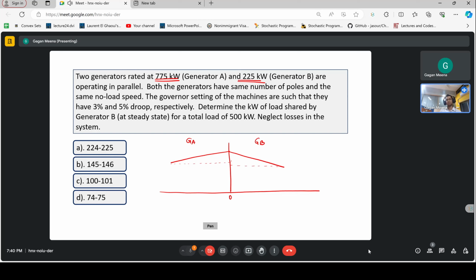This will be how much? 5% droop, 1 minus 0.05 F. This is 0.95 F naught and this one is 0.97 F naught. Now we have to use this.